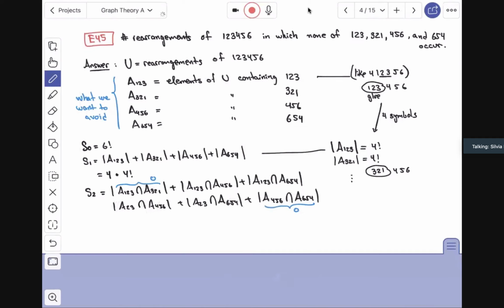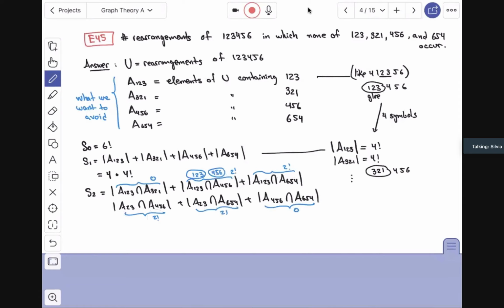For the others, I'm going to do 1, 2, 3, and 4, 5, 6, and so I only have that or the other, 2 factorial. So all the others are going to be 2 factorial, 2 factorial, 2 factorial. We do 2 disjoint triplets, and we can just place them like 1, 2, 3, 4, 5, 6, or 4, 5, 6, 1, 2, 3.